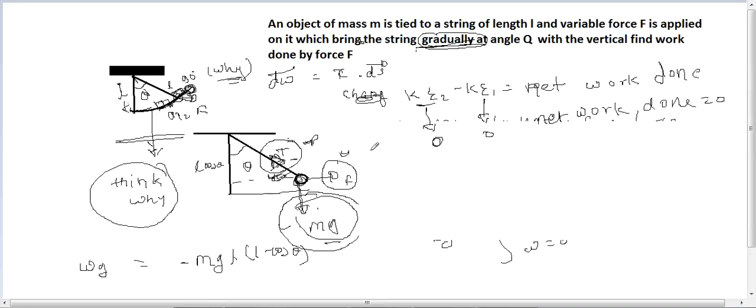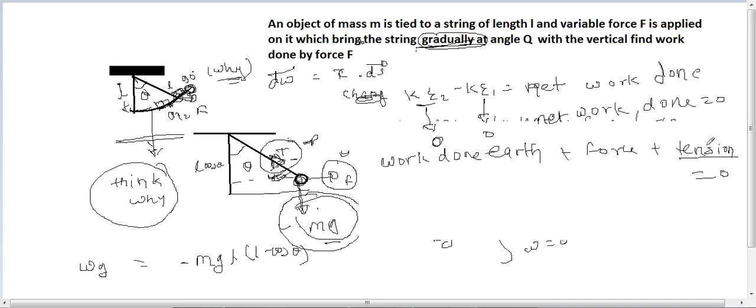So what will be the net work done? Net work done is basically the work done by earth plus the work done by force plus tension, and this is the net work done, which is 0.